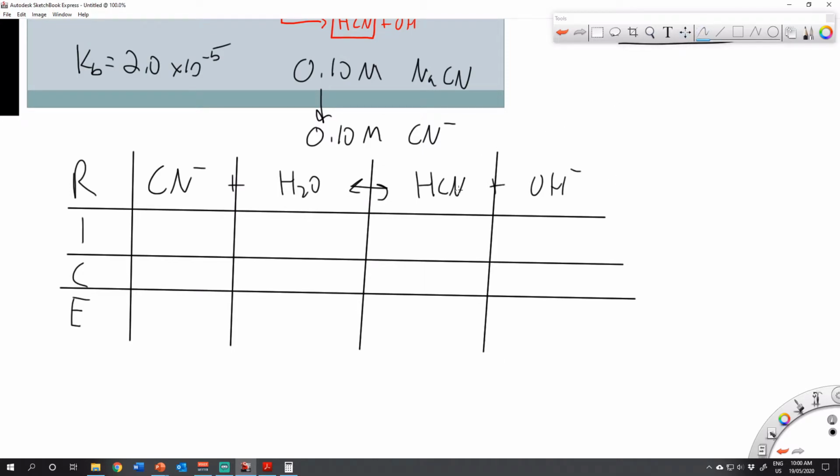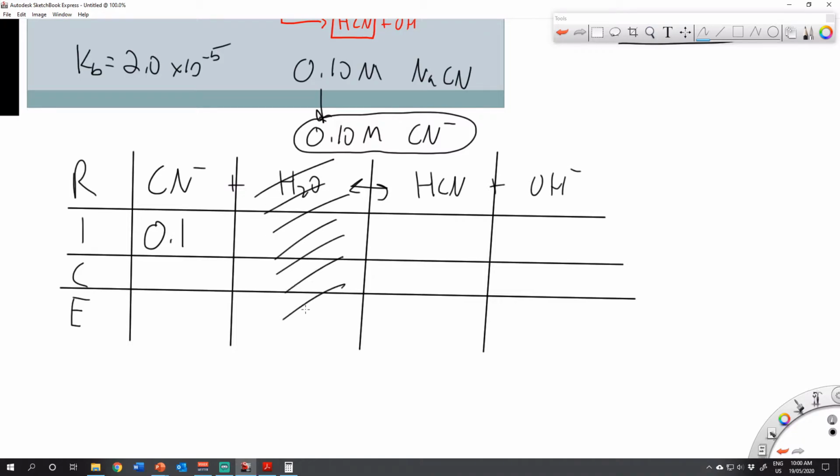Alright, now the initial concentration, because our salt fully dissolves, being a sodium-based salt, we can put 0 there. Water doesn't matter because it's a liquid and it's the only liquid in the solution, so it doesn't actually affect our equilibrium calculations. We start off with none of this, which means then in our change, this will have to get smaller, this will have to get bigger, and this will have to get bigger.